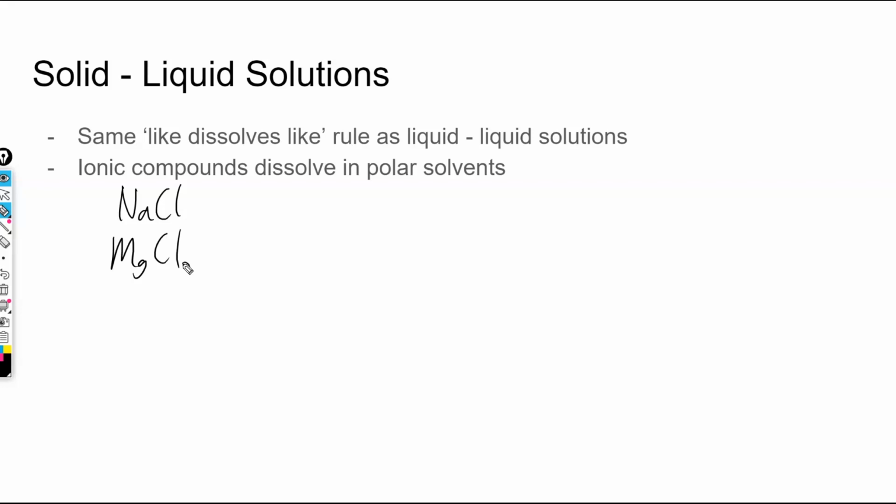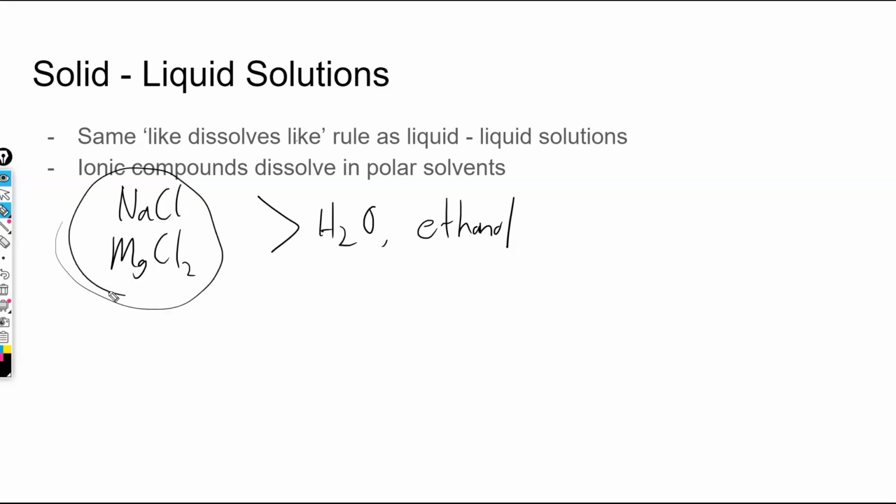Those types of ionic compounds will dissolve in polar solvents, like for example water or ethanol. Those are polar. The same rule applies with like dissolves like, and also you have these ionic compounds.